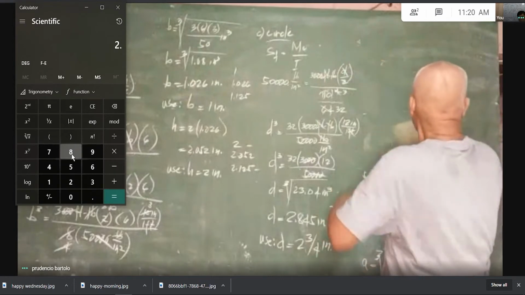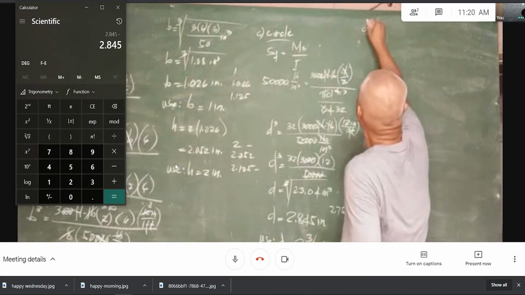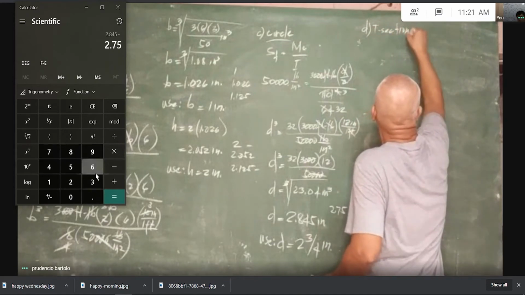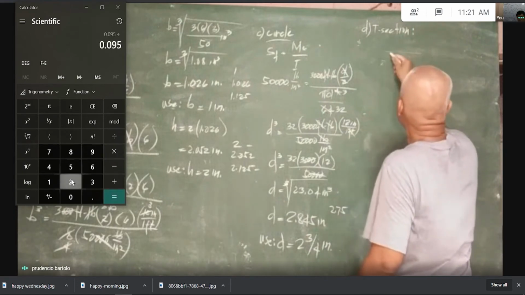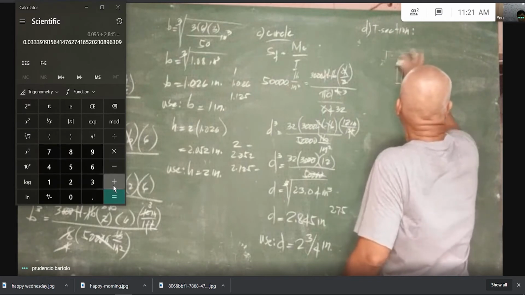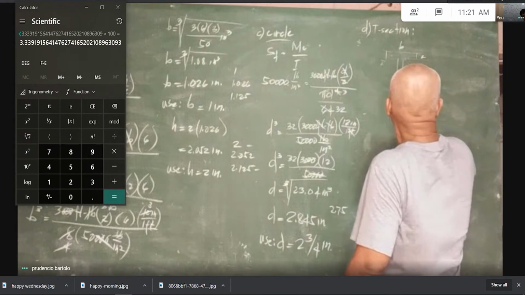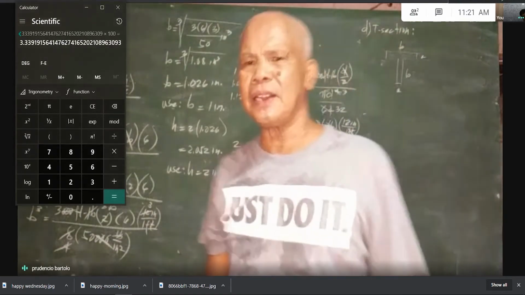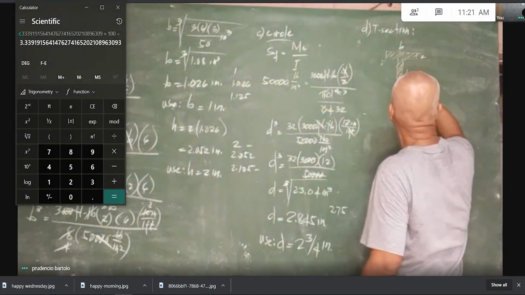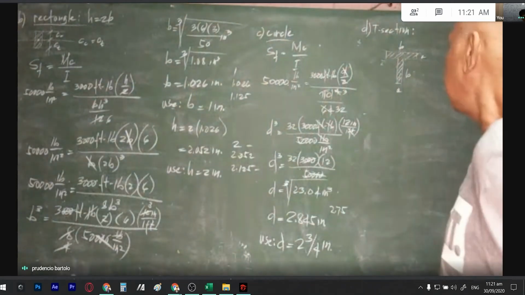Now, if we have the T section, for letter T, we are going to consider a T section, where the dimensions I am going to use are the same dimensions that I have illustrated in taking the moment of inertia for a T section.